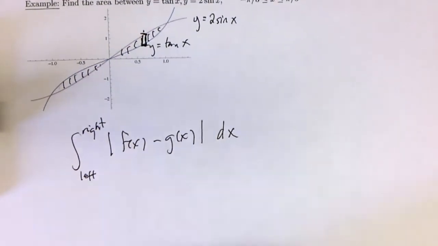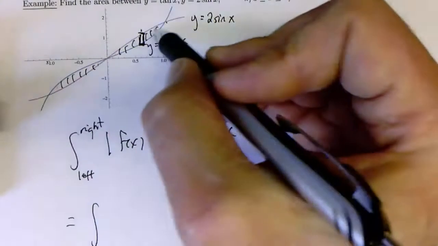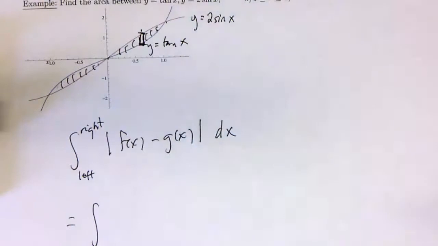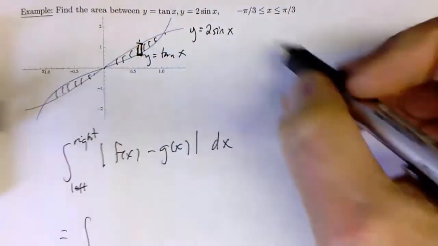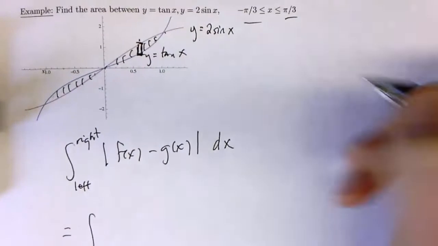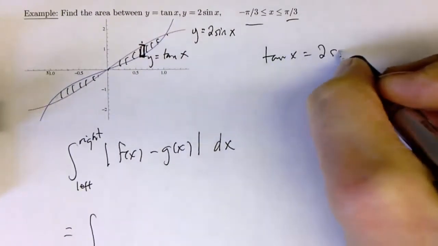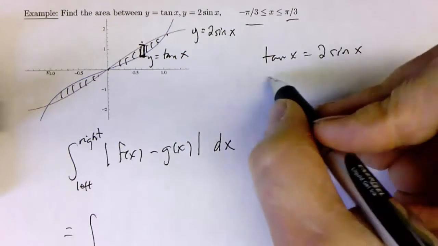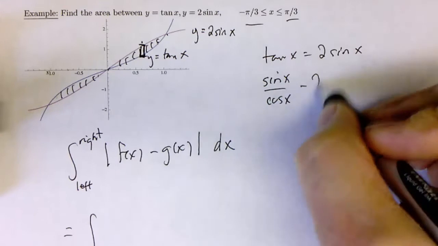Right. So in this problem, we're going to go from, well, wait a minute, what are these left and right points here? Looks like 0's in the middle here. I've got to solve to find where those are. It turns out they're these, but let's see the math. So I set tangent of x equal to 2 sine x. Move everything to one side. At the same time, I'm going to write tangent as sine over cosine.